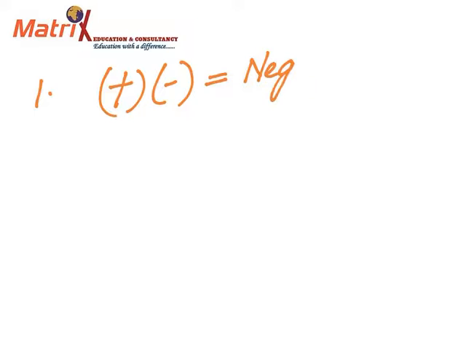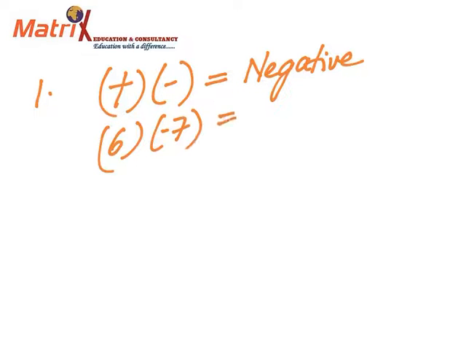So let's see. Now, I said any two numbers with different signs, positive times a negative, will always be a negative integer. It cannot be a positive. I have, let's say, 6 times negative 7. We all know that we do not write a positive sign before any positive integer.